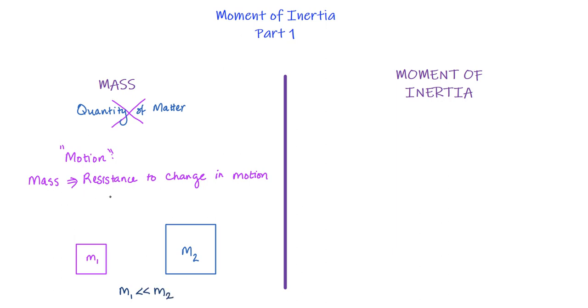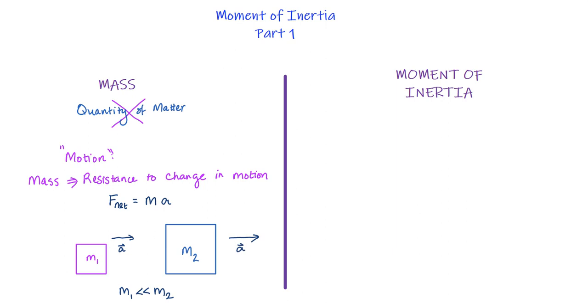So if I use Newton's second law, which is that the net force is equal to the rate of change of momentum, also known as the mass times acceleration, let's say that I want to achieve the exact same acceleration for both of these objects.